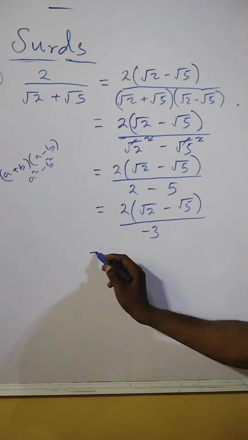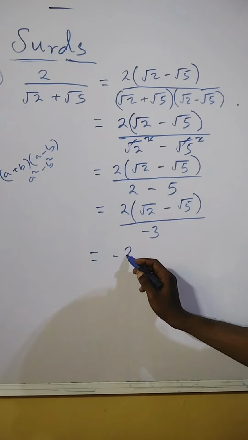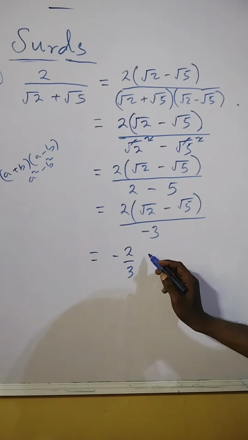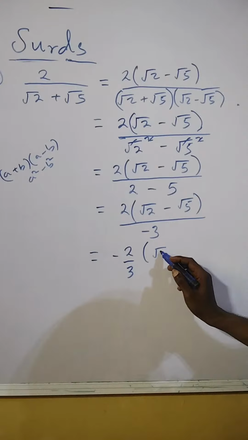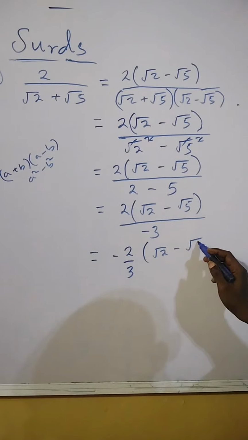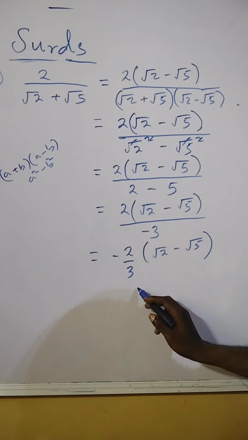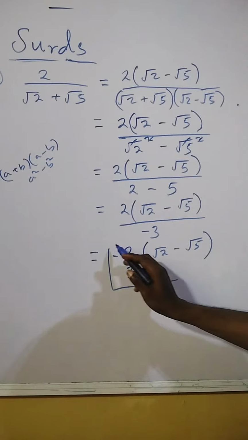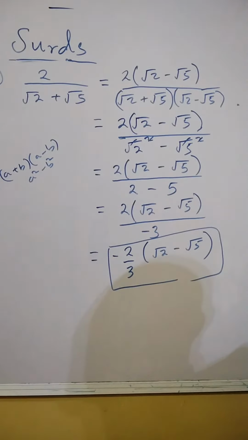Okay, and we can decide to write this as minus 2 over 3 into bracket root 2 minus root 5. So here we have already rationalized this given surd. So that's that for number 2.